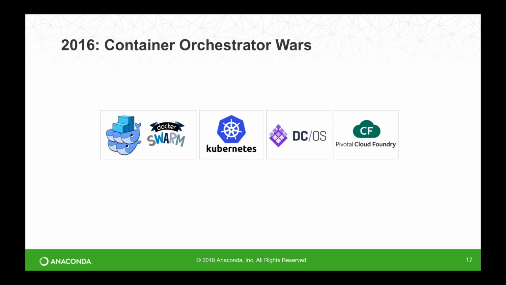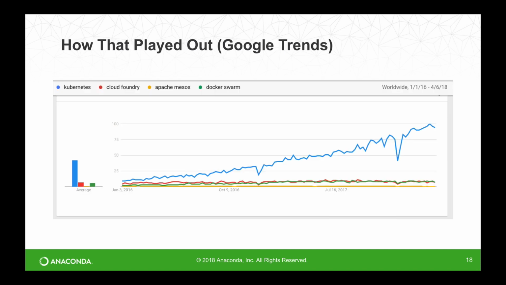So being able to orchestrate these containers is very important. And back in 2016, there were lots of different ways that you could orchestrate containers. There was Docker Swarm, Kubernetes, Mesosphere DCOS, based on the Mesos and the Marathon scheduler. There was Pivotal Cloud Foundry. So there were lots of different contenders, really, for container orchestration.